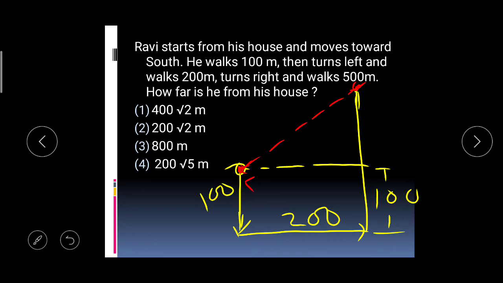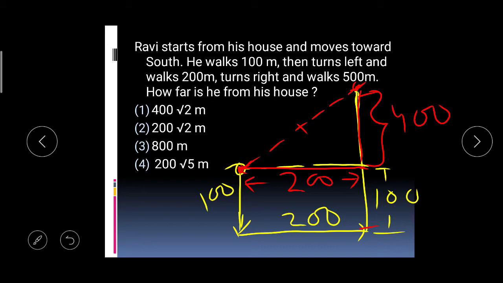I know this is 200. I know this total is 500 and 100 if I subtract from here. So this distance becomes how much? 400, right. So this is 400 and this is 200 and I need to find this distance, right?